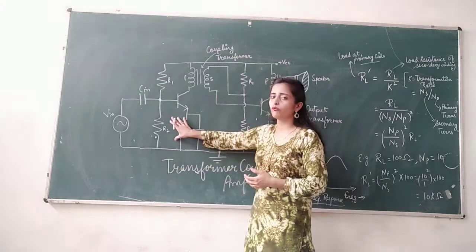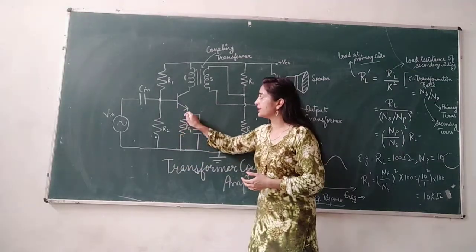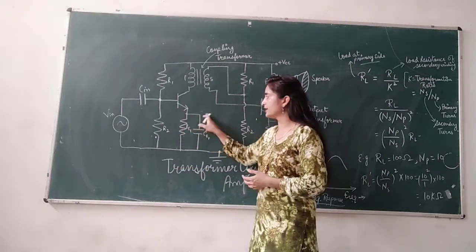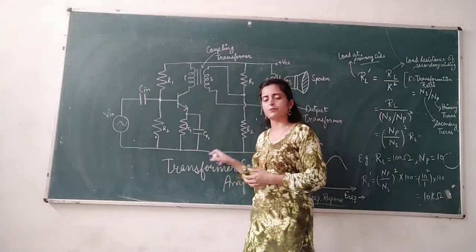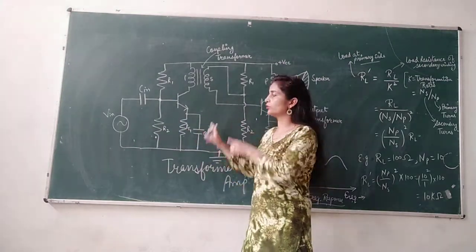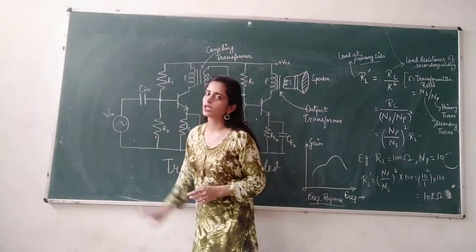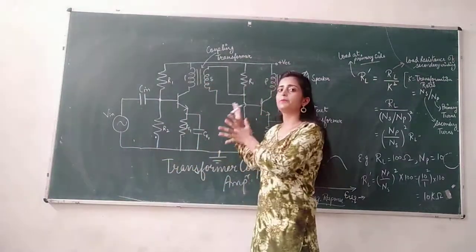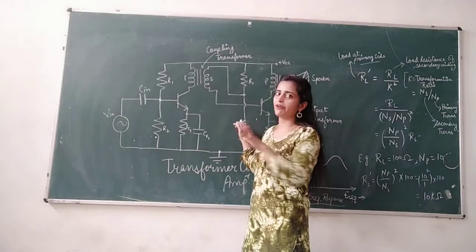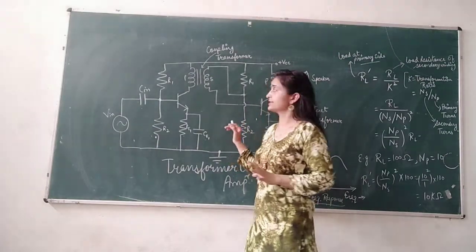Any extra AC signal will pass through this bypass capacitor to the ground, and there will be no negative feedback from this side to the input side, and it will help the circuit to amplify and to remain stable.